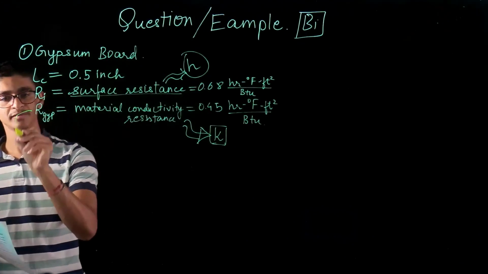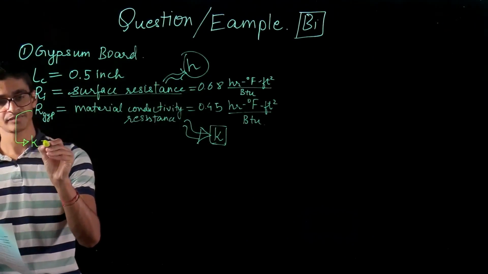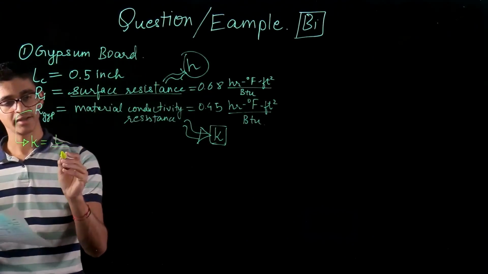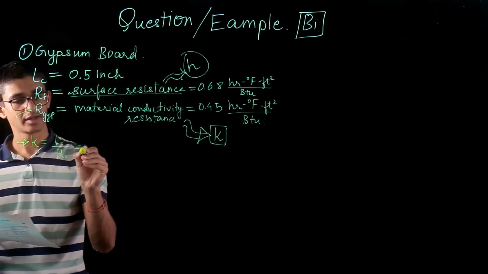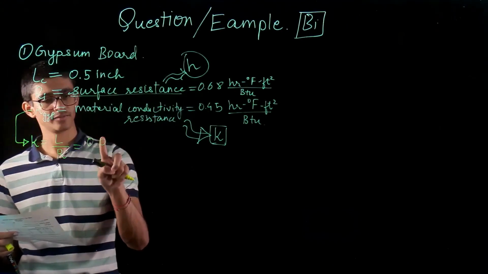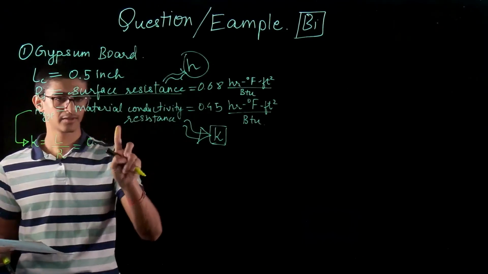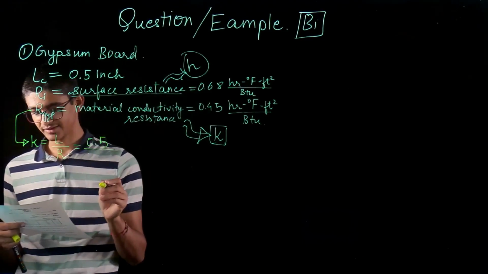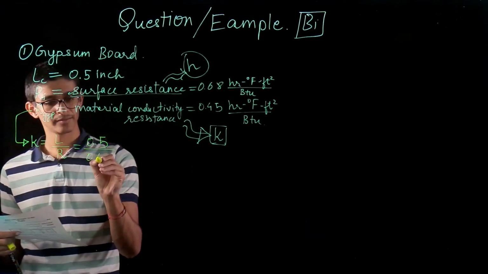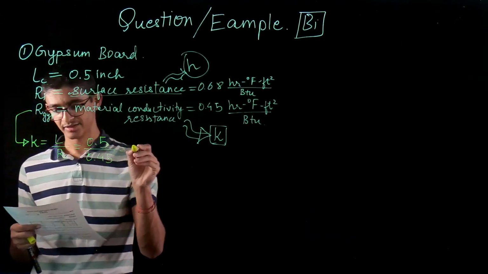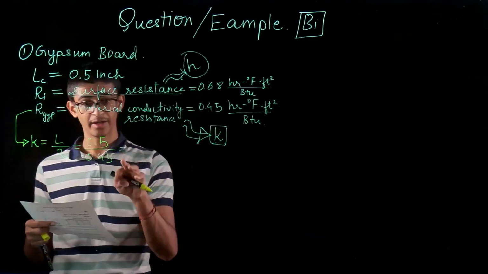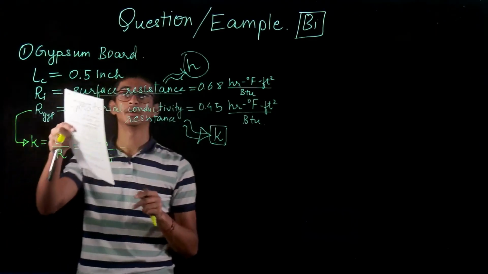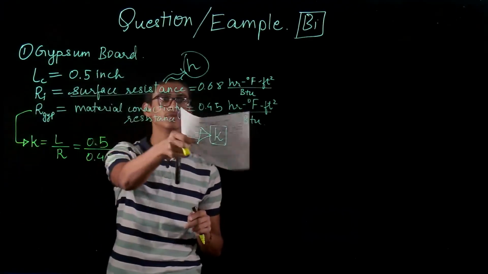So using this, my K value becomes L by R, and hence this is 0.5 upon my resistance, 0.45, and I need to convert from inch to feet.